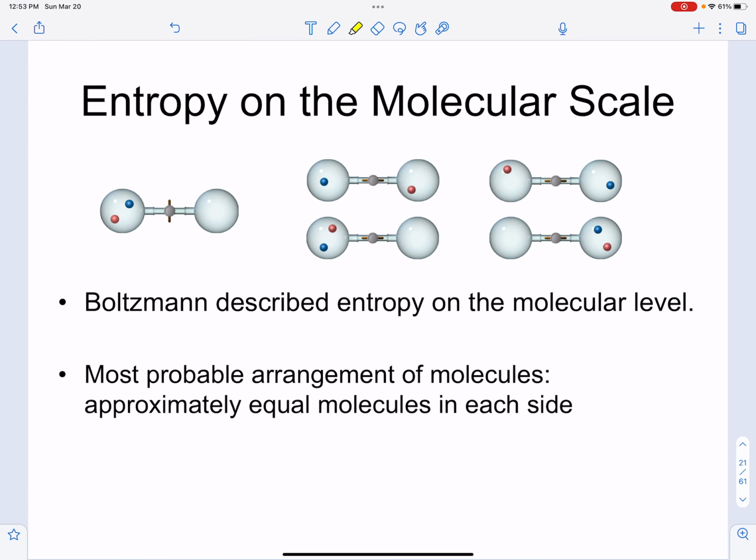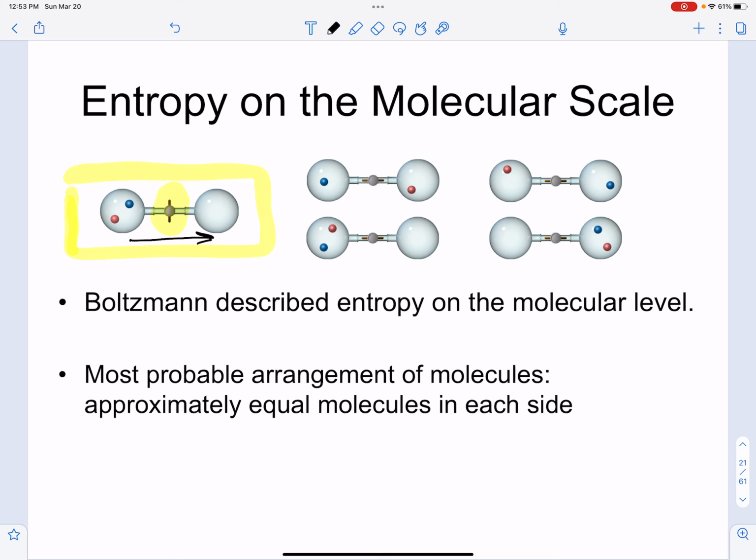So let's look at entropy at the molecular scale, which is basically what I showed you with the fish, but now it's not an analogy anymore. Now it's the real thing. We're talking about two atoms in two chambers separated by a valve. If I open the valve, making the volume twice as much, those two atoms will immediately distribute themselves.